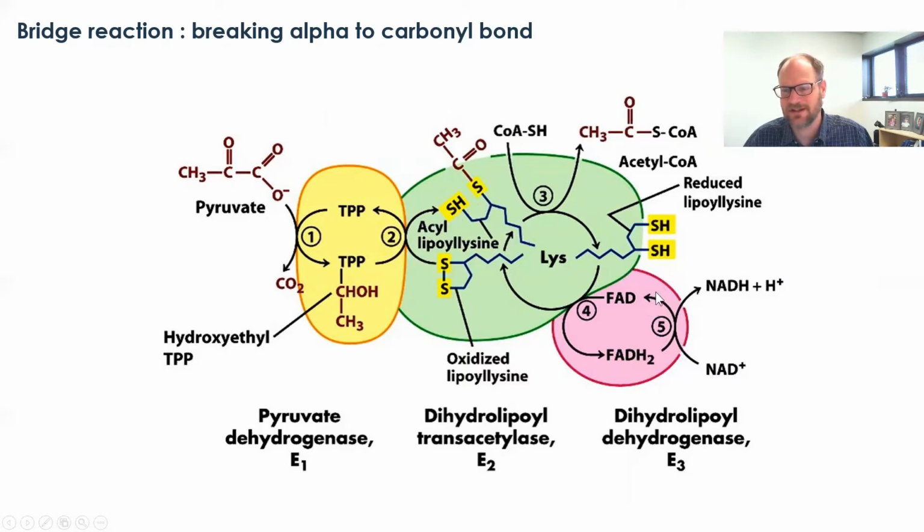Ultimately, this is coming out as NADH to oxidize this guy back into its original reactive form with the disulfide bridge. And that's what ultimately these three units are for. One is doing the decarboxylation reaction, two is transferring the acyl unit onto a CoA, and then three is regenerating the lipoamide for further chemistry and harvesting this NADH.